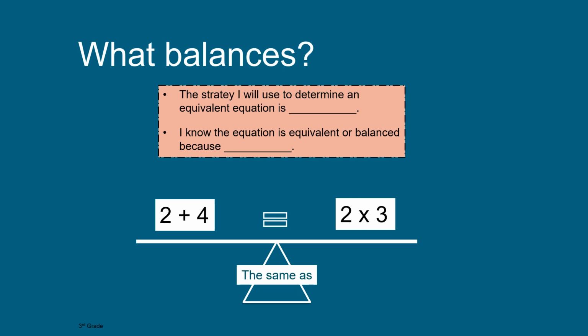Or you may have figured out what all of those choices were equal to first, and then looked to see which one matched 2 plus 4. How did you know when the equation was equivalent or balanced? Think about those strategies and which one you will use when we look at the next problem.